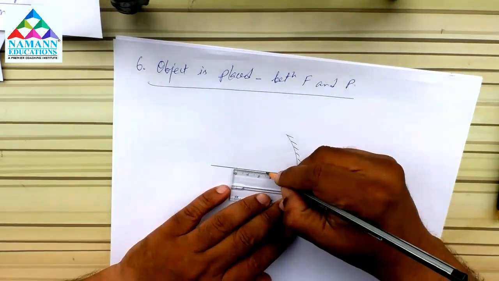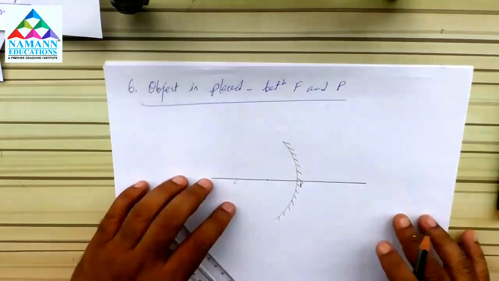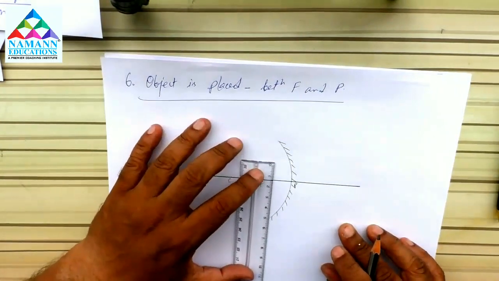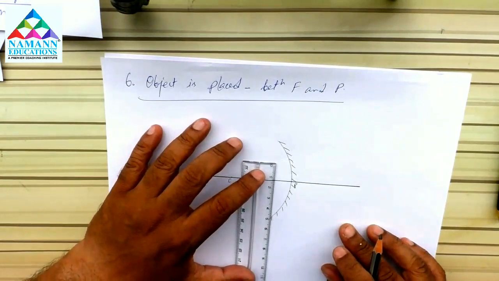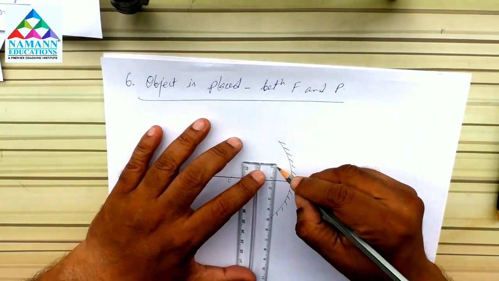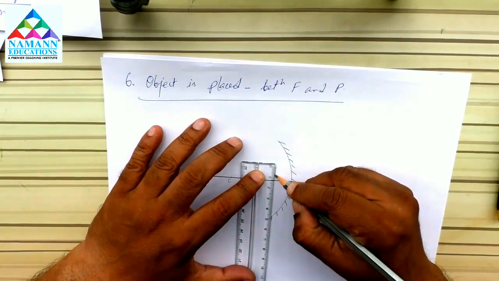This is focus, and according to question, where is the object placed? Object is placed between focus and pole, anywhere in between focus and pole. It is not required that exactly at midpoint.